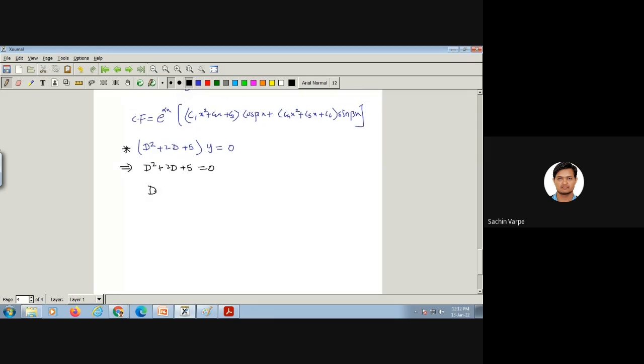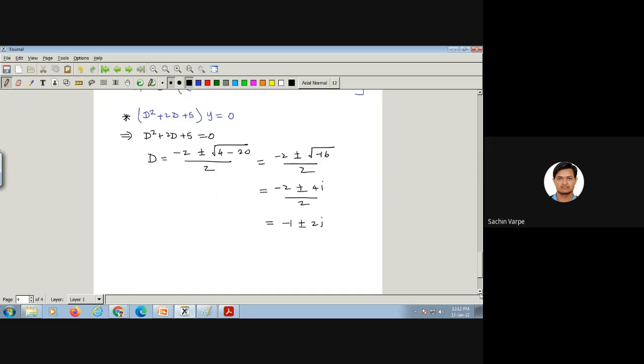We use the quadratic formula, minus b plus minus square root of b square minus 4ac, that is 20, upon 2a. So the roots are -2 plus minus square root of -16 upon 2a, so -2 plus minus 4i upon 2. So that is minus 1 plus minus 2i, right? So the roots are complex.